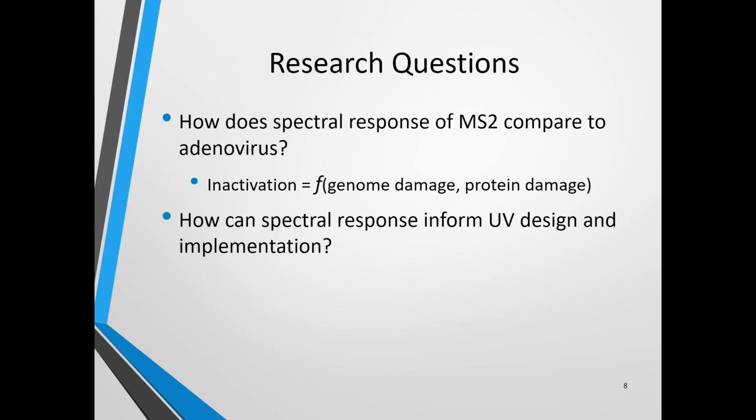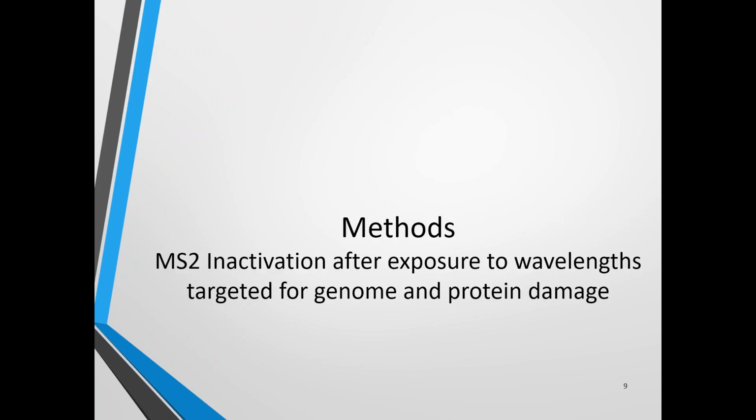And we know that inactivation is a function of genome damage and protein damage for both of these organisms. And we want to think about how we can use what we know about the spectral response to inform wavelength selection for UV design and implementation.